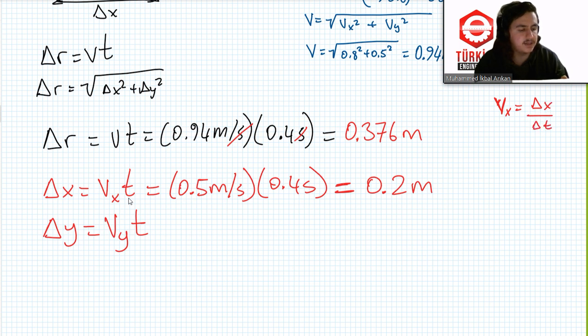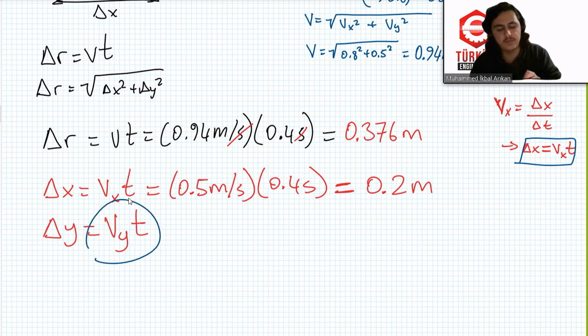So if you need delta x, you multiply both sides by delta t, and that will be vx multiplied by time. Likewise, delta y will be vy multiplied by time. The formulas which I'm using here come from this knowledge.